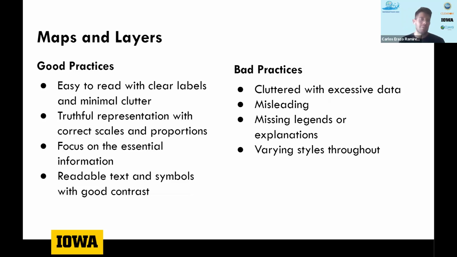Good practices in maps and layers, you really need to have clear labels and minimal clutter. If you see a map that has all the grid lines, all the lat longs put there, and what you want to show is a rainfall station, then maybe there are better ways of doing that.